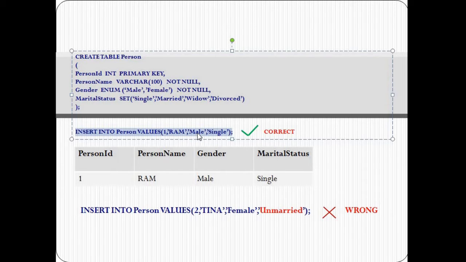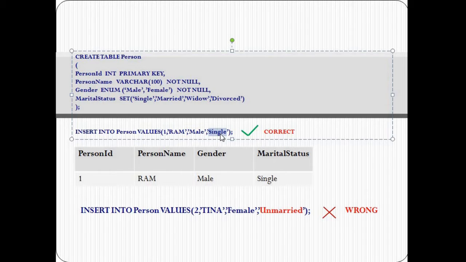Then look at male. Male is an entry belonging to the column gender, which has been imposed the enum constraint with the domain consisting of these 2 values, male and female. Now since the value male belongs to this domain, this is acceptable.